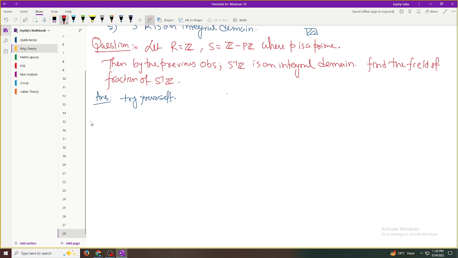So for example, take R equals k[x], an integral domain where k is a field.